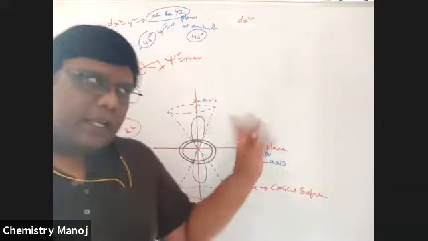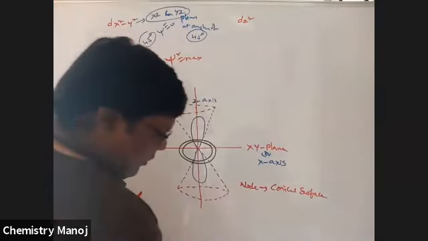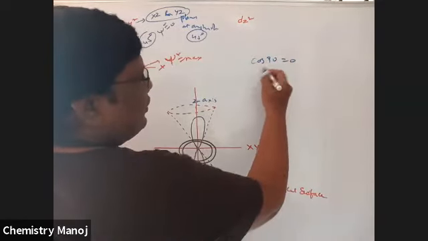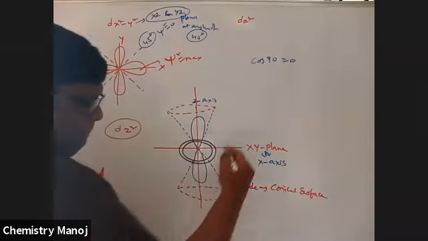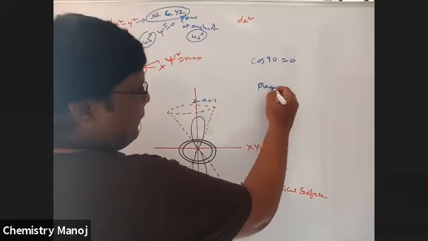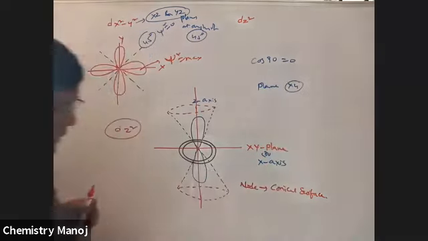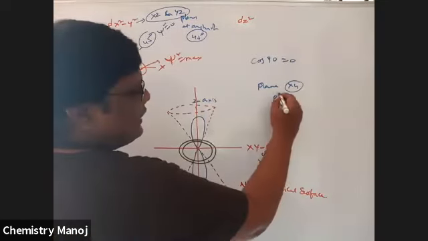Okay. So in our previous problem, cos 90 degrees is equal to 0. That means the xy plane is the nodal plane. That is why it is taken as the pz case.